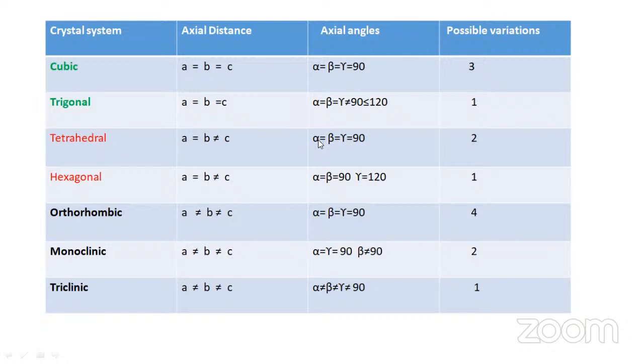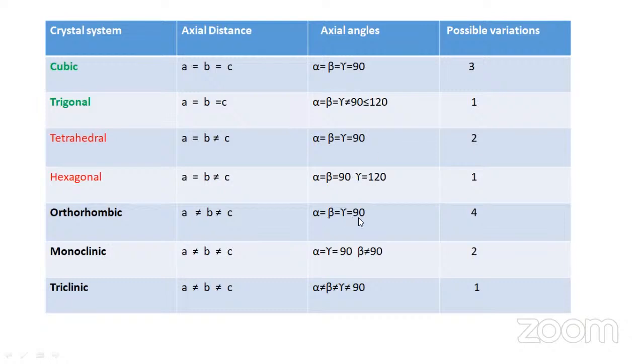Alpha is equal to beta is equal to gamma is equal to 90. What is the first member of the third group? Orthorhombic. In orthorhombic also, alpha is equal to beta is equal to gamma, which is equal to 90. So once again, the first crystal system of each group, cubic, tetragonal and orthorhombic, have all the angles equal to 90.